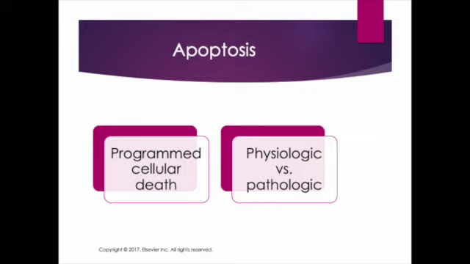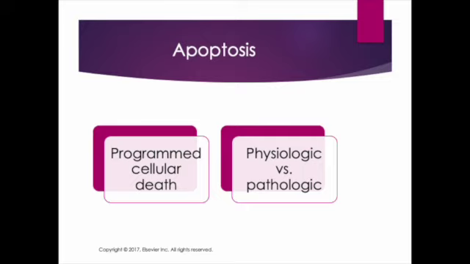Now think about physiologic versus pathologic. Physiologic: things that need to happen, and we know that it's going to happen. It's part of our overall body system and our biology. But pathologic cell death by apoptosis can occur due to pathologic conditions like severe cellular injury.